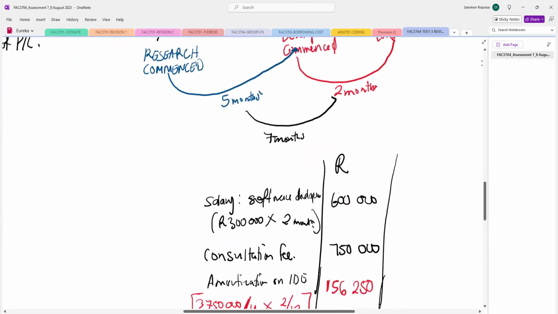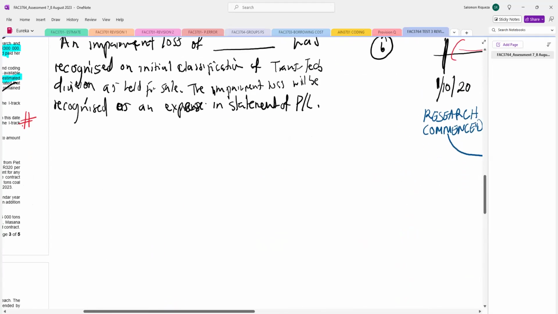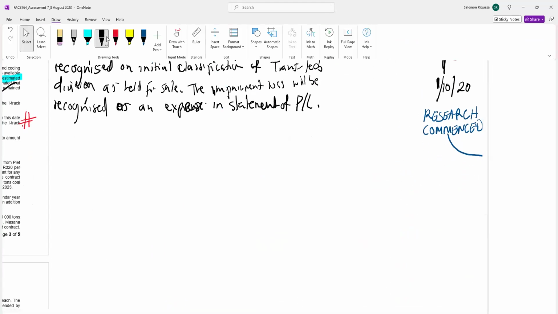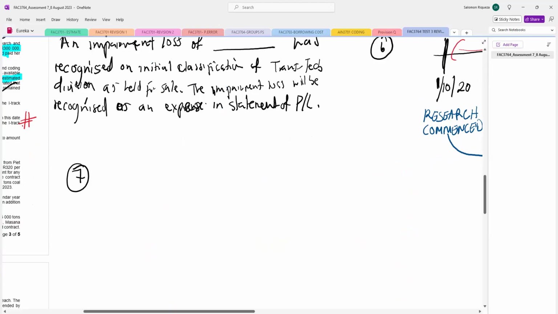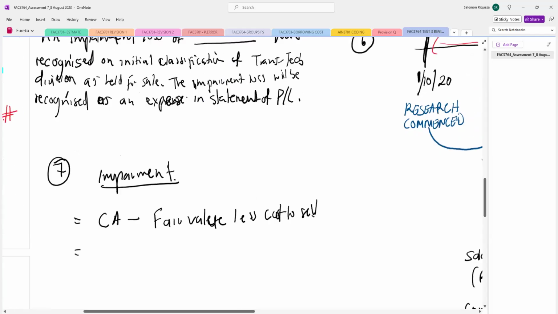I'm going to call this calculation 7. So calculation 7, I want to calculate my impairment. I need my carrying amount minus fair value less cost to sell.